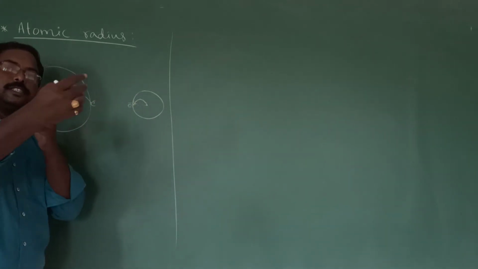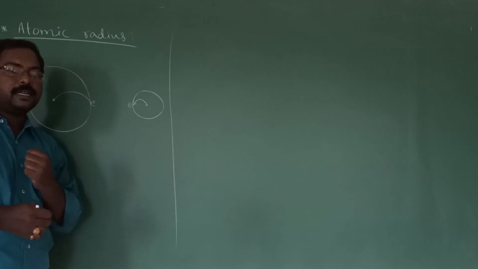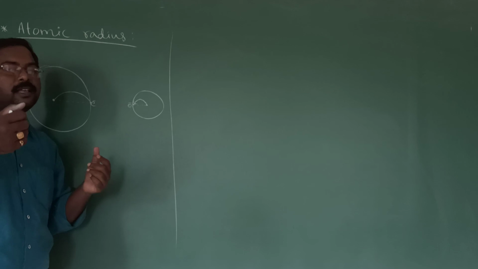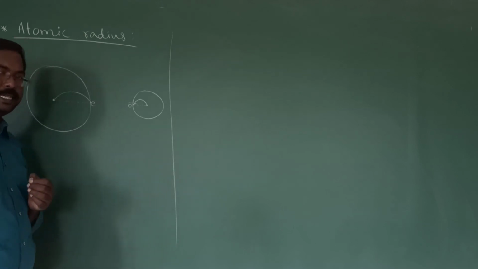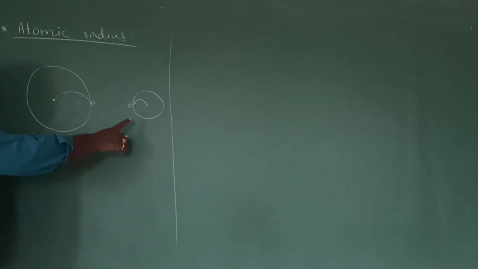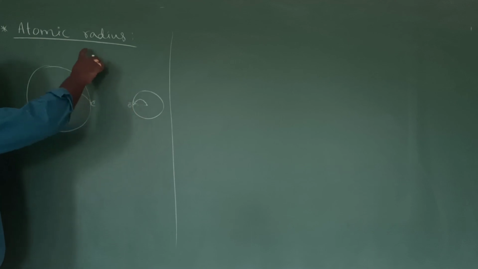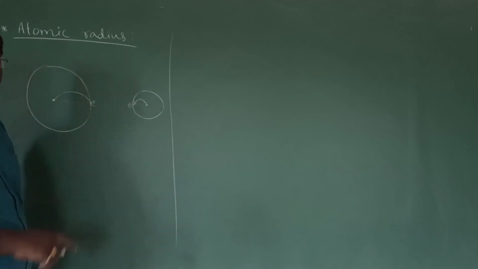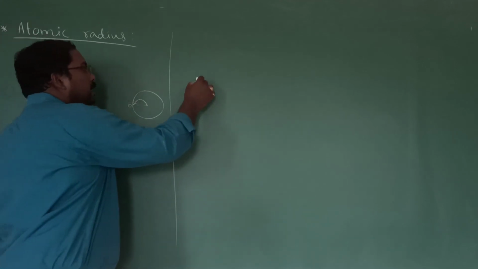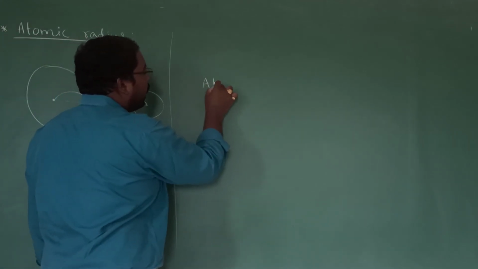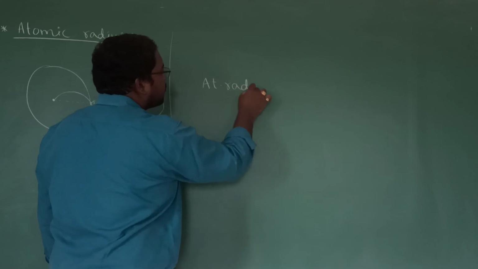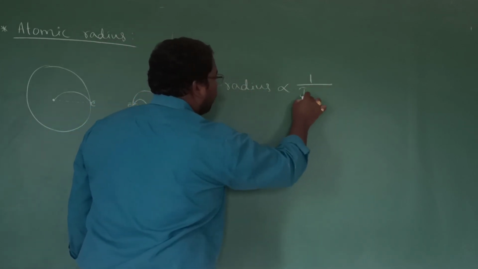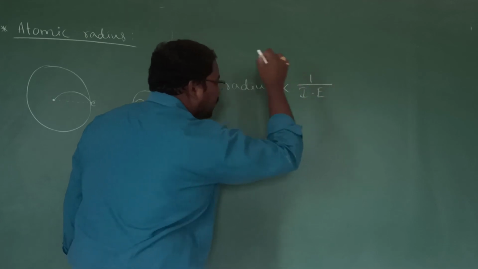So the nucleus strongly attracts the electrons towards it. So in these cases, to remove the electron, it requires more amount of energy. So smaller the size, ionization energy is more. Larger the size, ionization energy is less. So in simple manner, we can say that atomic radius is inversely proportional to ionization energy.